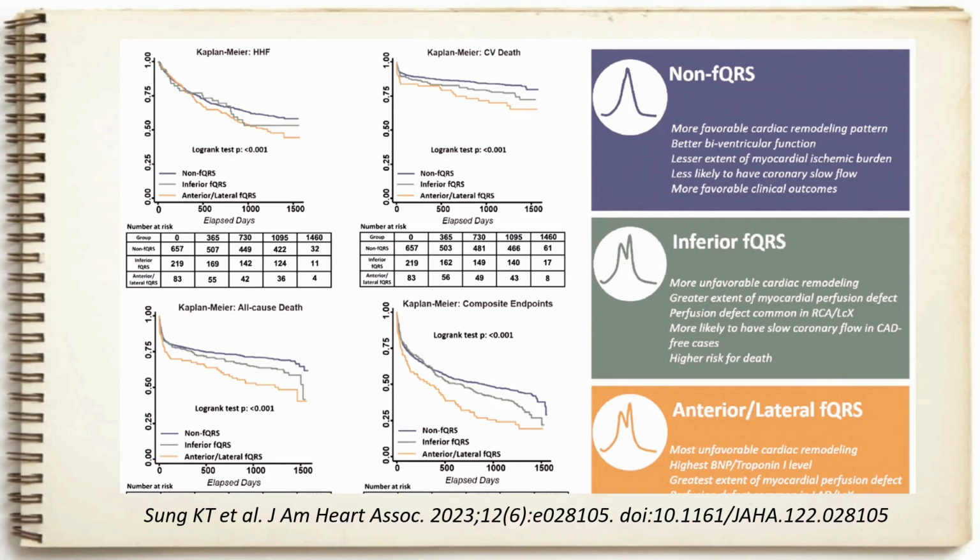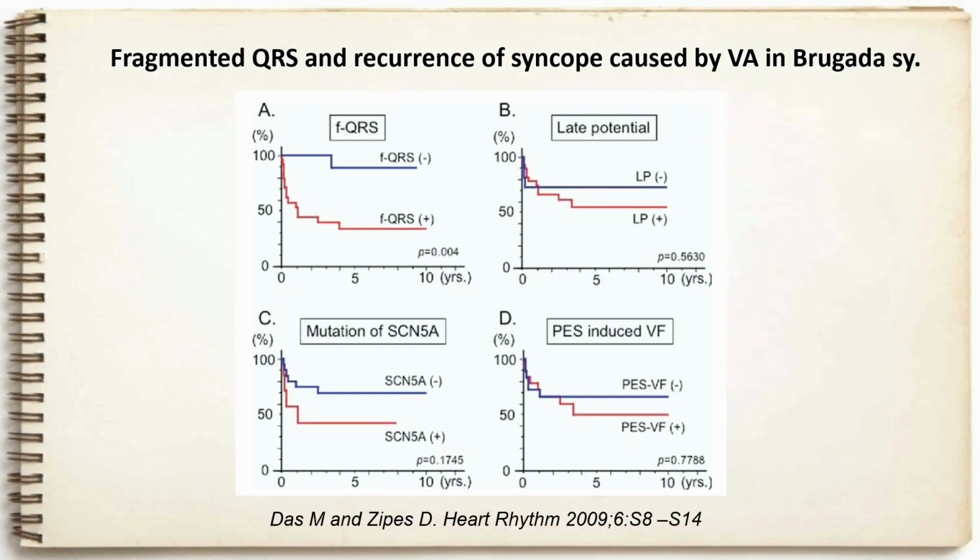These are the same data, and they tell us that inferior fragmented QRS complexes are intermediate risk stratifiers. Anterior and lateral fragmented QRS complexes mean a very high risk of cardiovascular mortality.